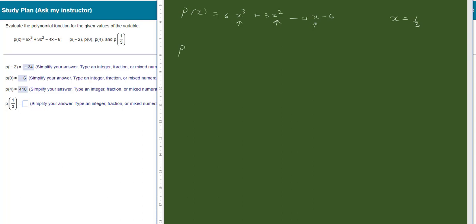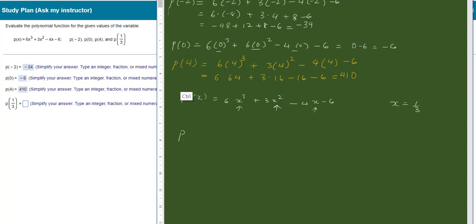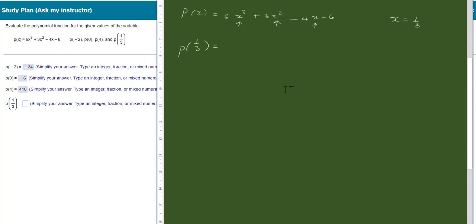So p(1/3) is equal to 6 times (1/3) to the power 3 plus 3 times (1/3) squared minus 4 times 1/3 minus 6.